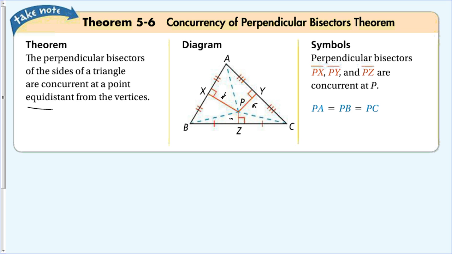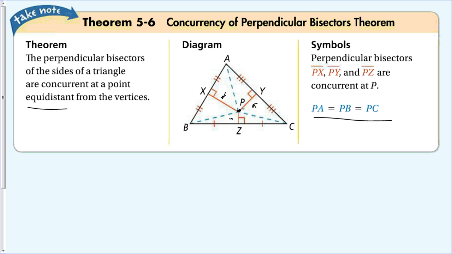Now what it means when it says equidistant from the vertices is these blue dotted lines here that come from the vertex to the point of concurrency, which is the circumcenter. All three of these blue lines, as you can see, are the same length. So when you draw in the circumcenter of the triangle, it is going to be equidistant from all three vertices of the triangle.